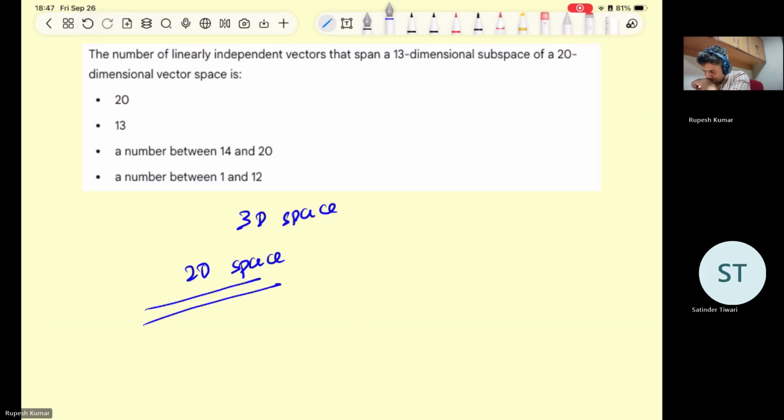Let's say I want to span the XY plane. How many linearly independent 3-dimensional vectors do you need? I think two, because with two linearly independent vectors we can reach any point in that plane.